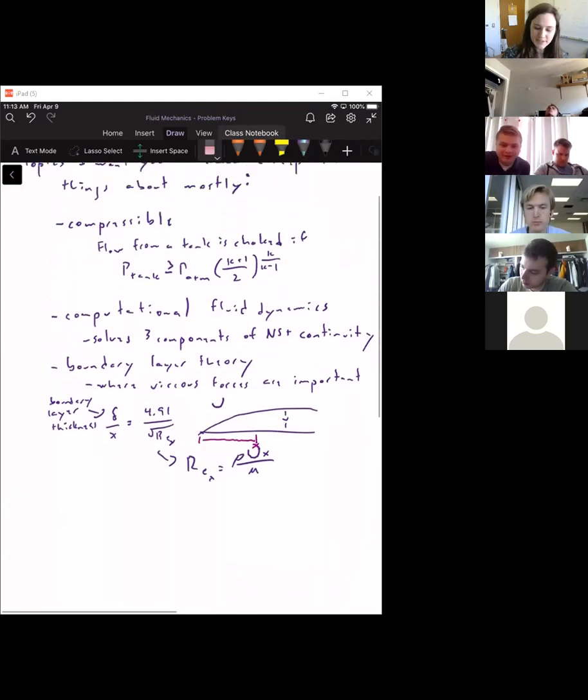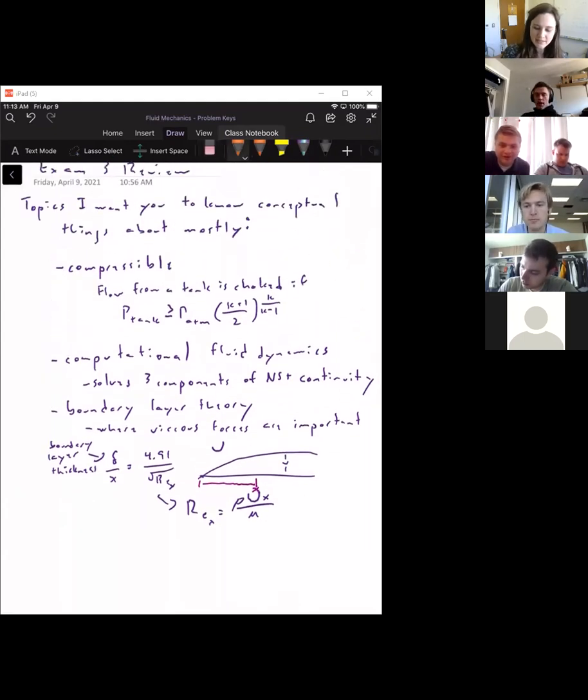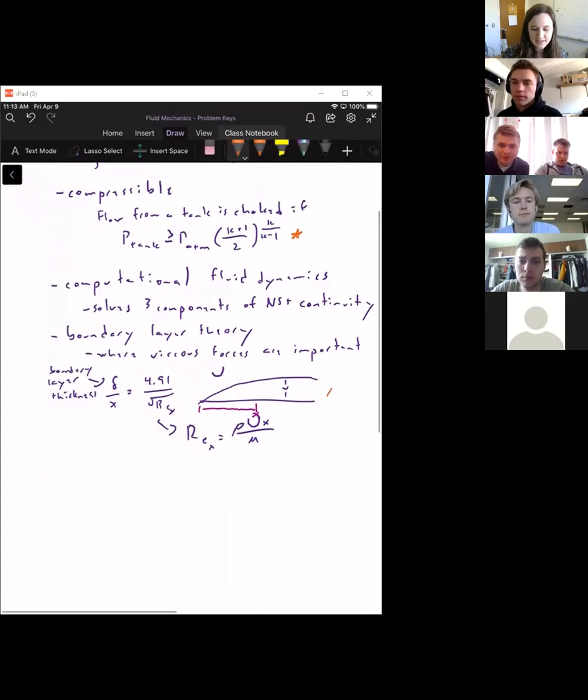The first one up here helps you understand that choked flow happens when there's a really big pressure difference. And this one over here helps you understand how, again, the boundary layer gets thicker as it goes along, and it depends on the velocity of the fluid flowing over it and the viscosity of the fluid flowing over it.